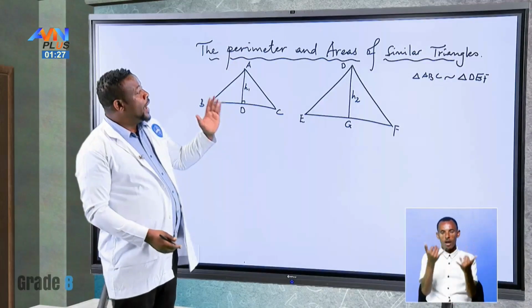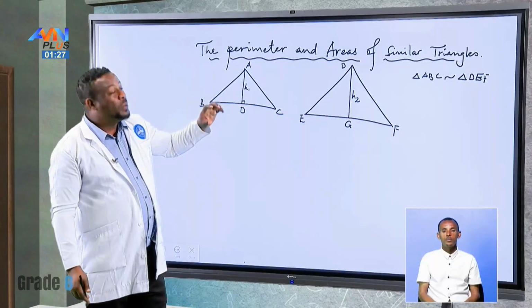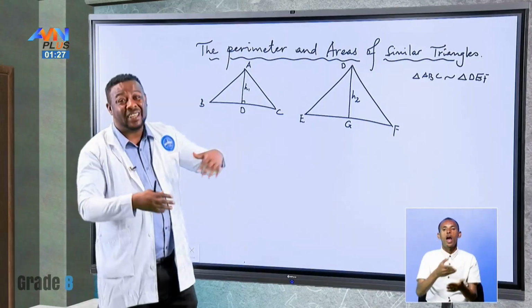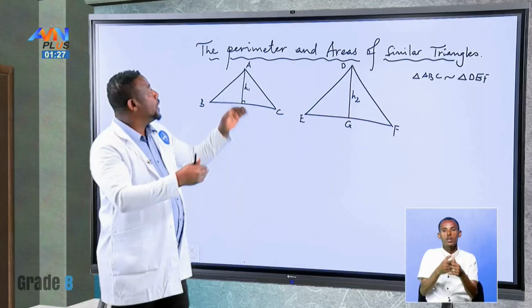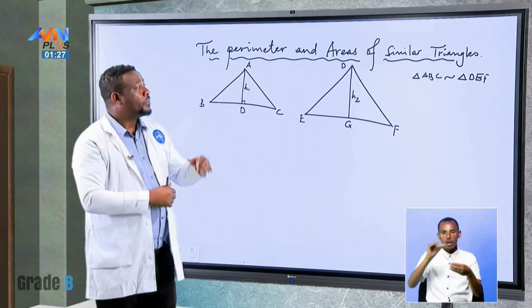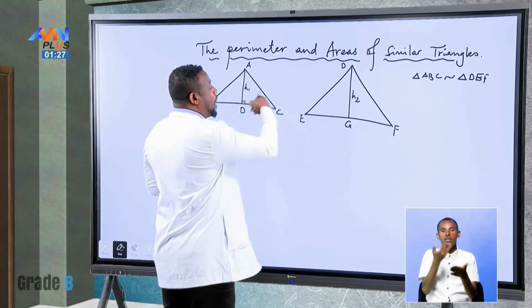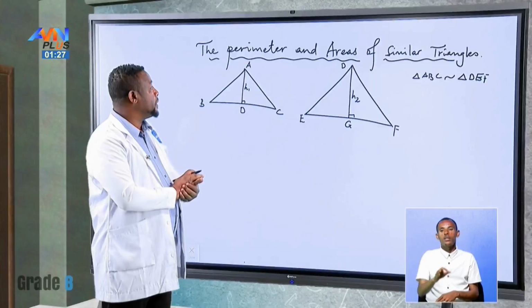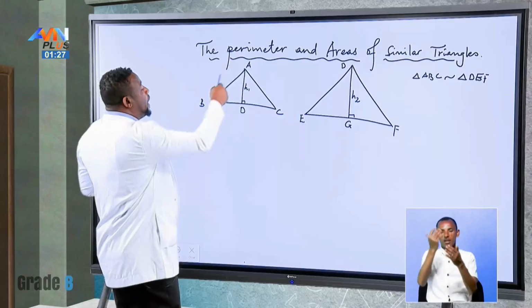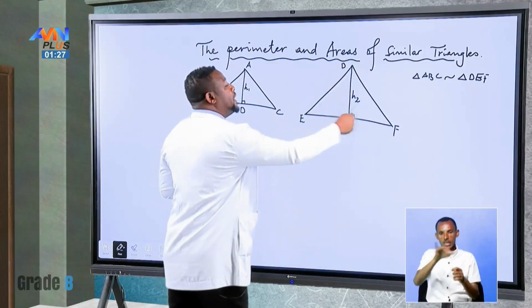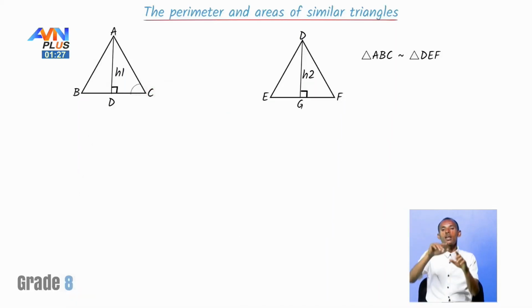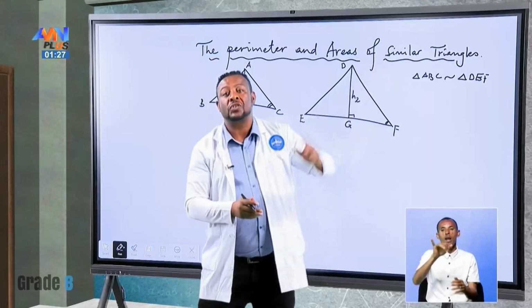Now, we will try to create a relationship between the altitudes and the sides first, then we proceed to the perimeters and areas. Here, if these are altitudes, they form 90 degrees, right? The other thing is triangle ABC is similar to triangle DEF. That means angle C and angle F are congruent because of the similarity of the two triangles.